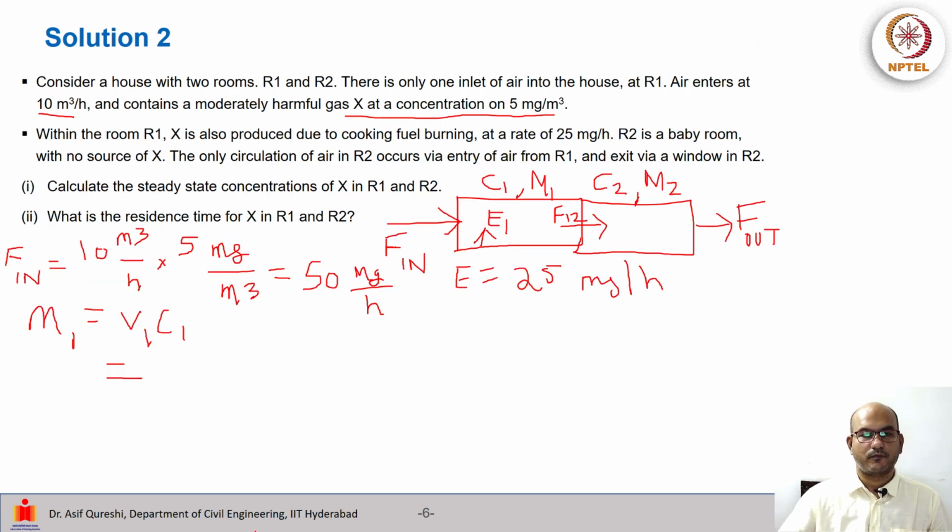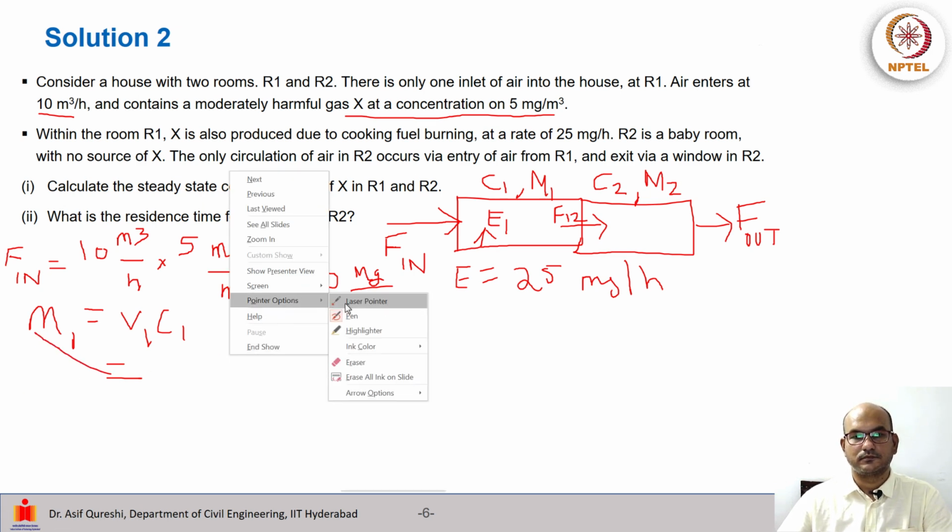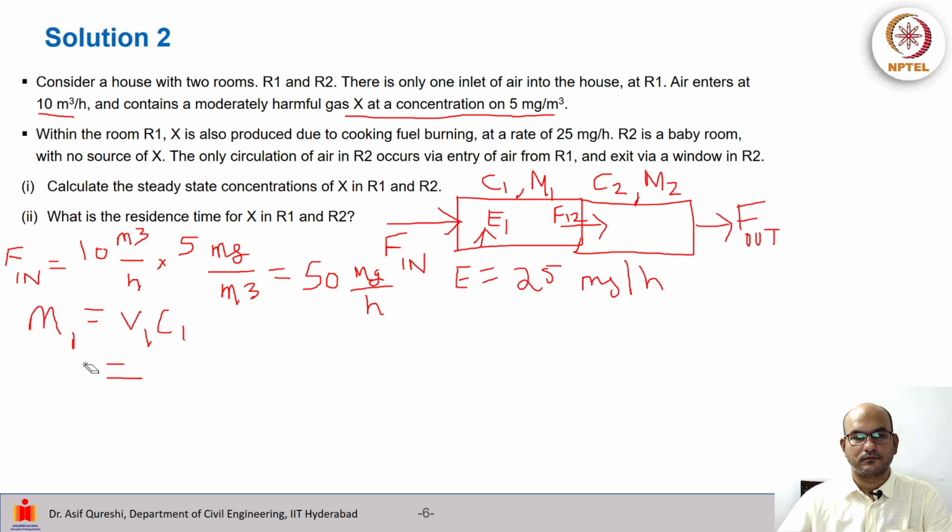So V1 is 3 multiplied by 5 multiplied by 5. So mass is C1 times that, which is equal to 75 C1. Oh, excuse me, 75 C1 only.